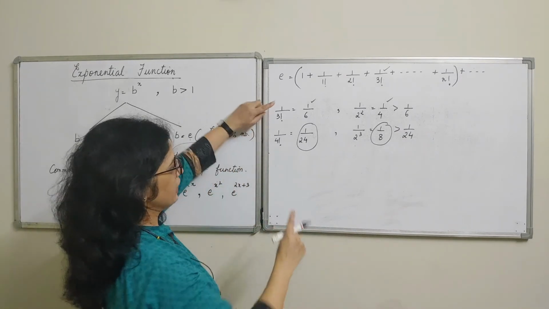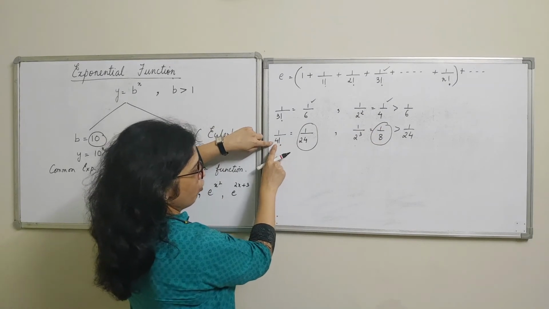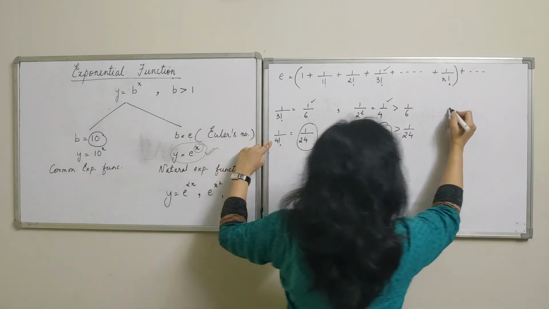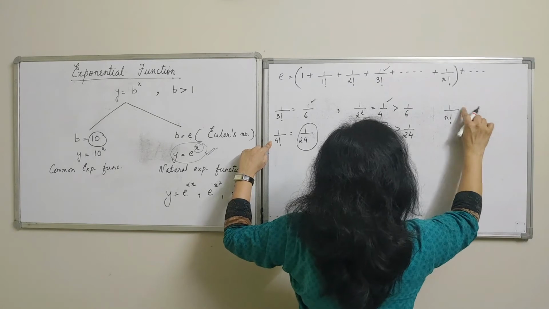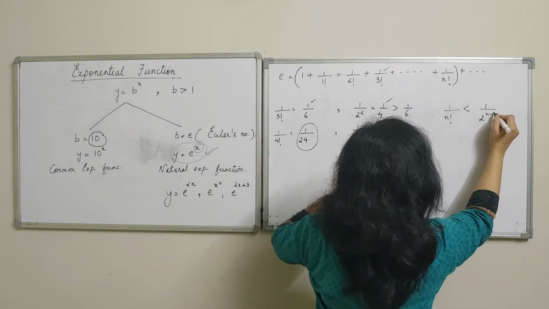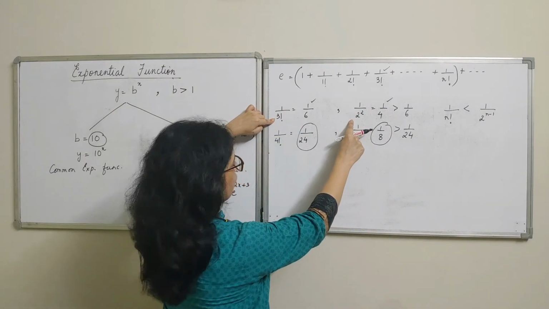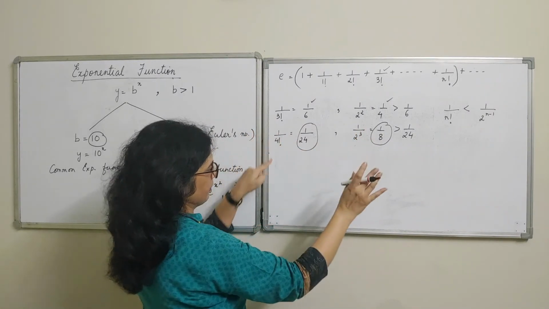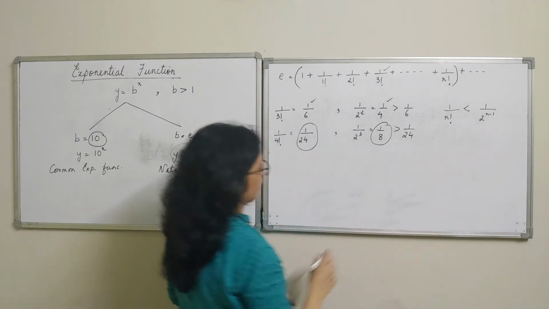So I think you can make out the relation. 3 factorial, power is 2. Here it is 4 and here it is 3. So in a generalized manner, we can write down 1 upon 3 factorial less than 1 upon 2 square, 1 upon 4 factorial less than 1 upon 2 cube. Similarly, 1 upon n factorial is less than 1 upon 2 raised to power n minus 1.